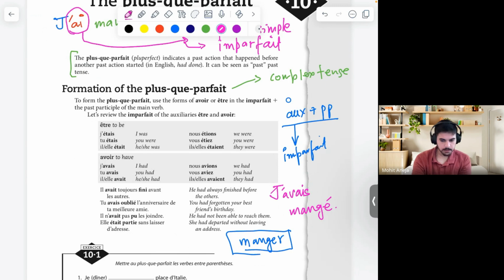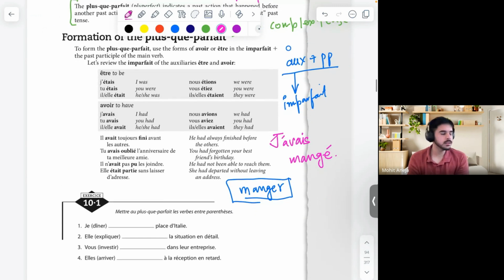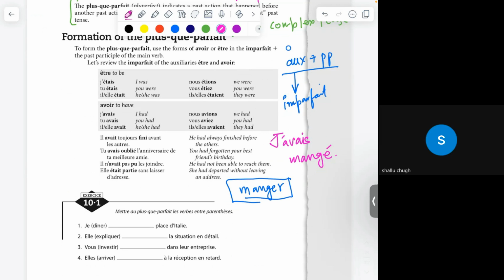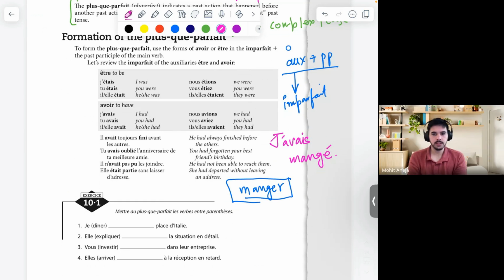Now look here. In passé composé, what was the difference between être conjugation and avoir conjugation? In the sense, did it affect the past participle in some ways? Conjugation of être affects the past participle. How does it affect, Aishwarya?